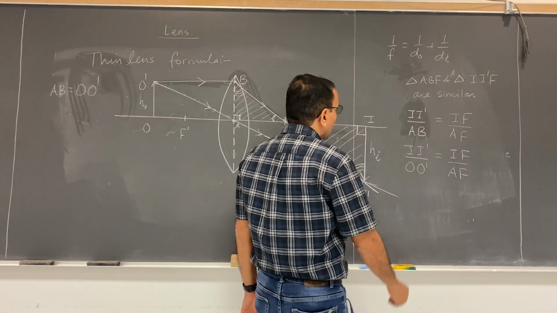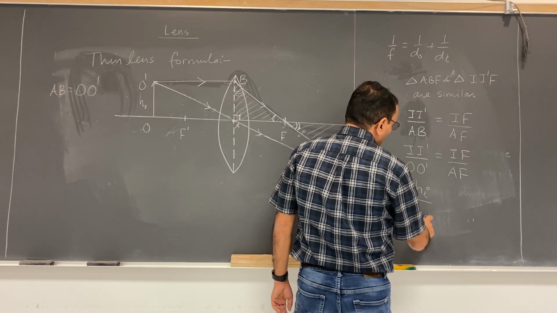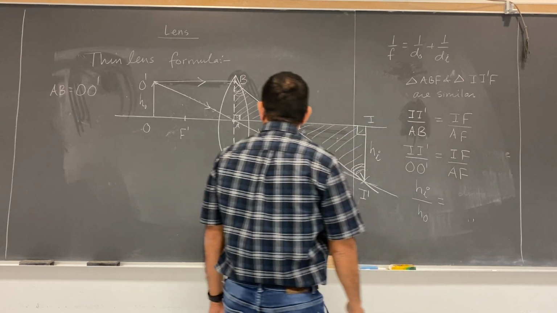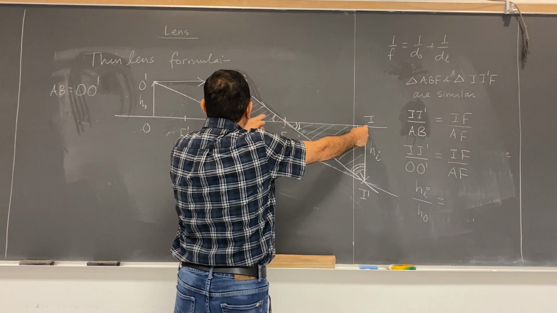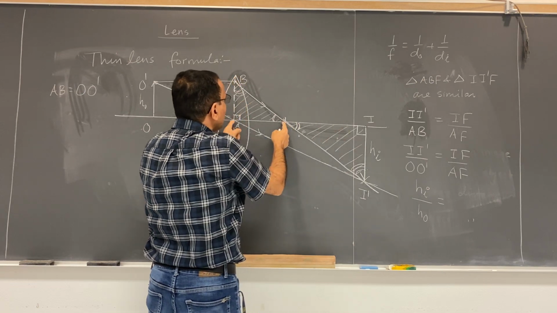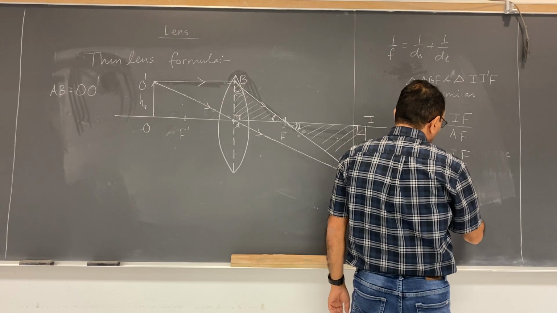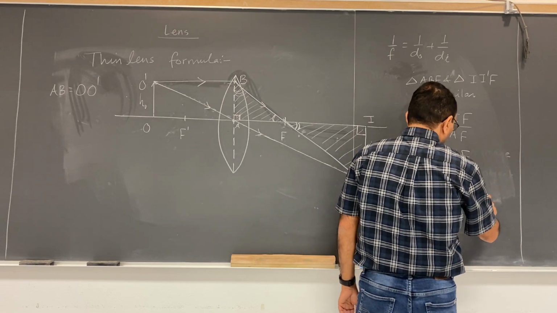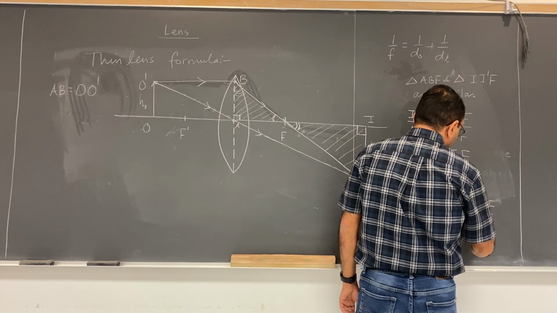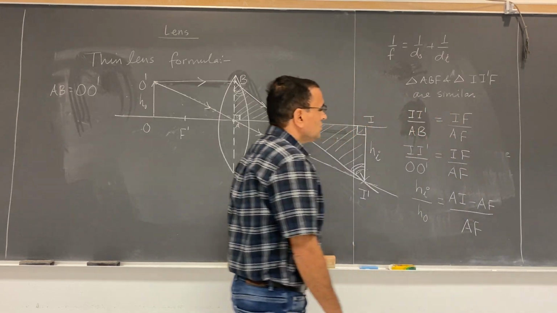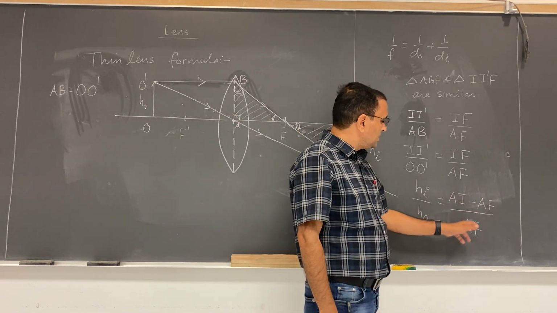Okay. So what is I prime over OO prime? This is HI over HO, equal to IF over AF. What is IF? Look here. IF is IA minus AF, right? So HI divided by HO equal to AI minus AF divided by AF.